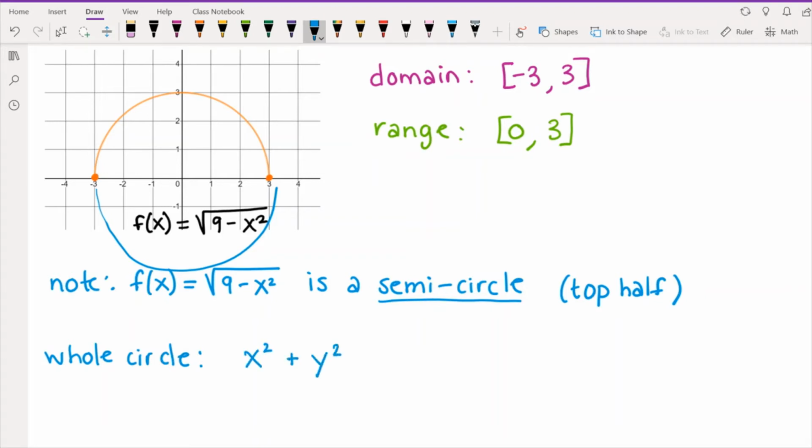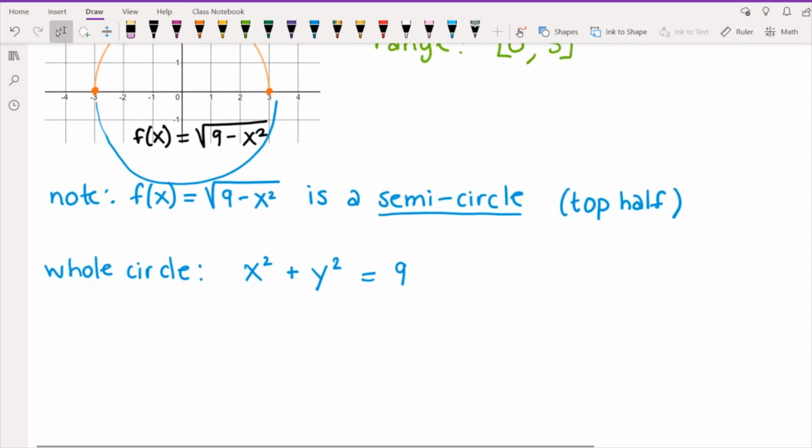Why is it just x squared plus y squared? Because the center is 0, 0, you would not be adding or subtracting anything from x and y, right? The circle has a center of 0, 0. And then what would the right-hand side be? It would be the radius squared. And the radius squared is 9 because the radius is 3.